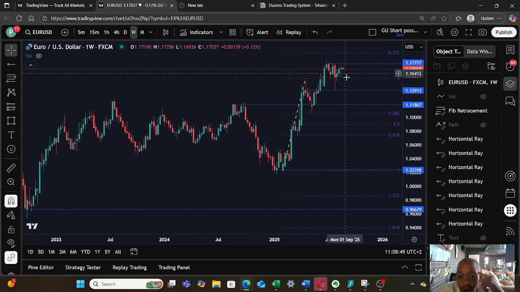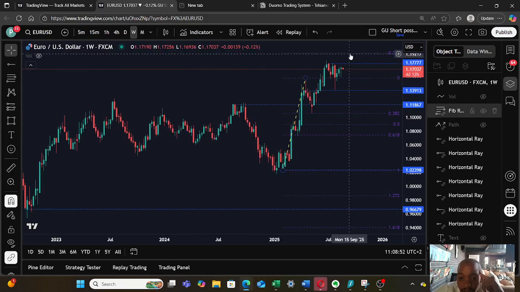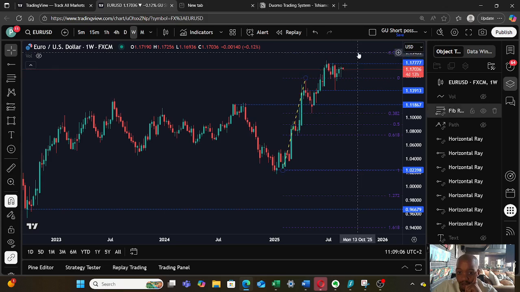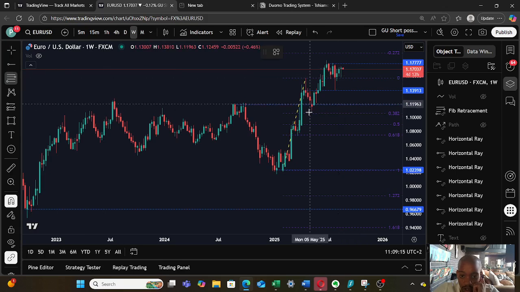But the mere fact that price has some attraction higher towards this level would be quite an attractive situation. Would we want to trade a retracement back down here if we hit it up here? Probably not. Okay. Happy with that Fibonacci.